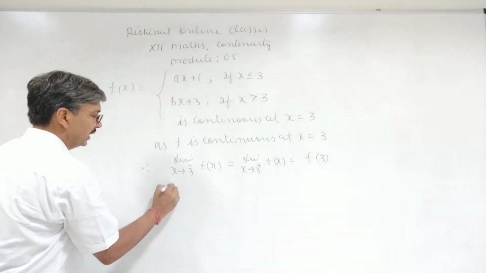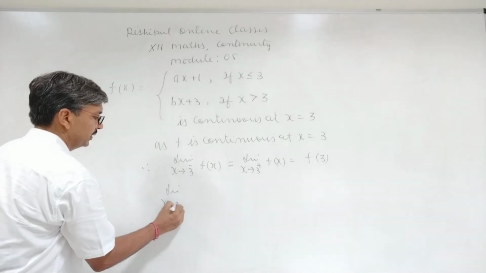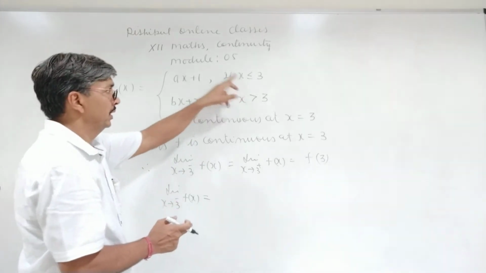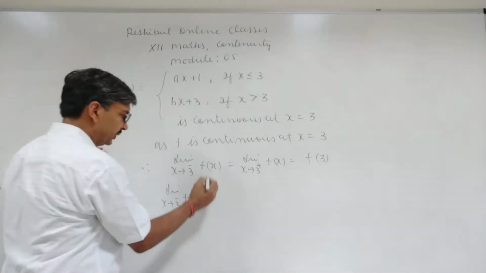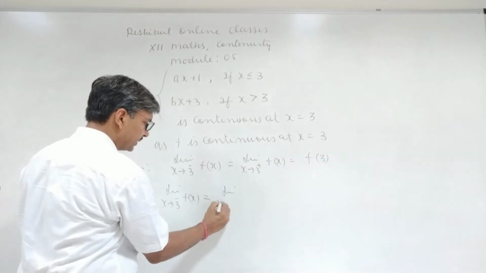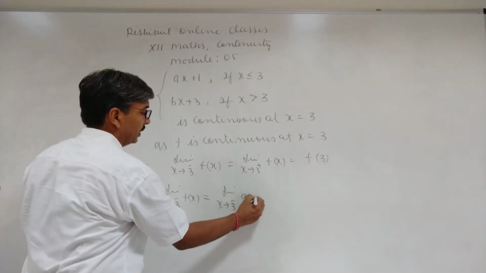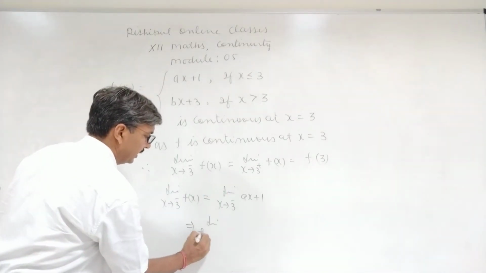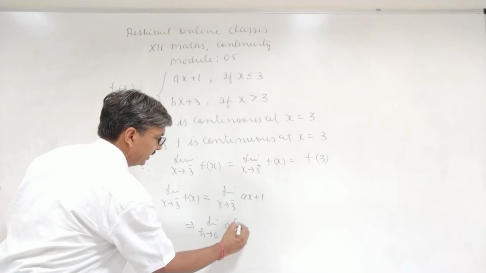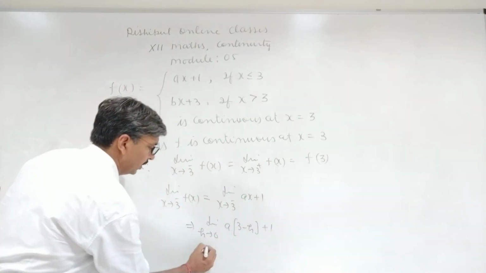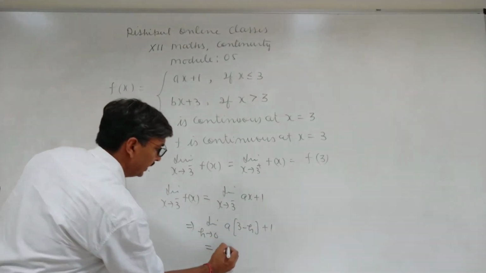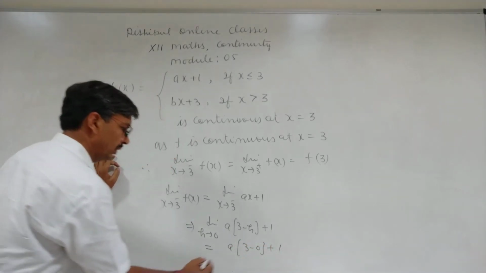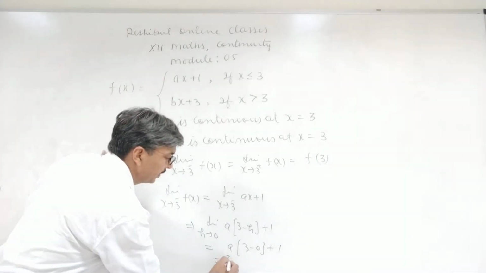So find out limit x tends to 3 minus f(x). This will become, for x less than 3, function is ax plus 1. So this will become limit x tends to 3 of ax plus 1, or limit h tends to 0 of a(3 minus h) plus 1, or a(3 minus 0) plus 1, or 3a plus 1.